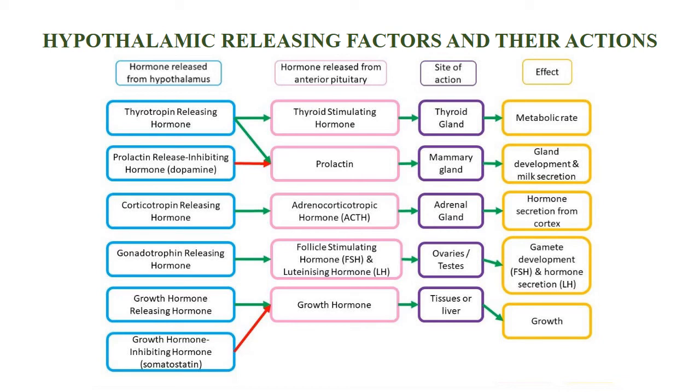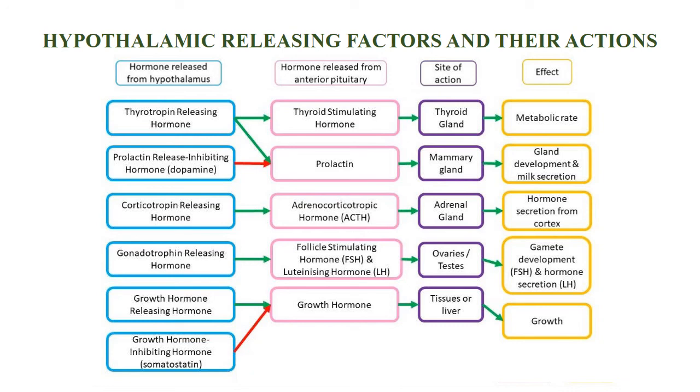Gonadotropin releasing hormone of the hypothalamus targets the anterior pituitary and is responsible for the synthesis and secretion of follicle stimulating hormone and luteinizing hormone from the anterior pituitary.